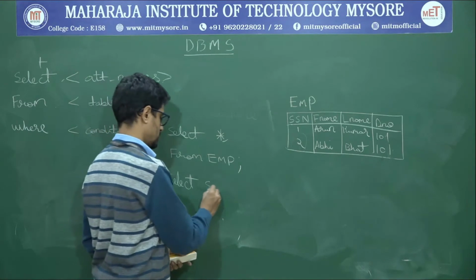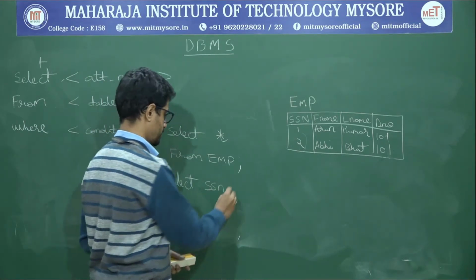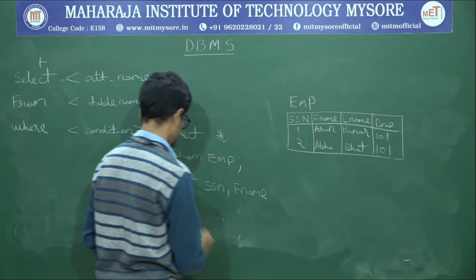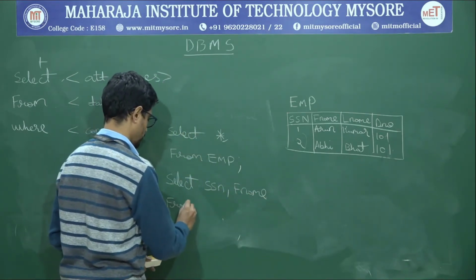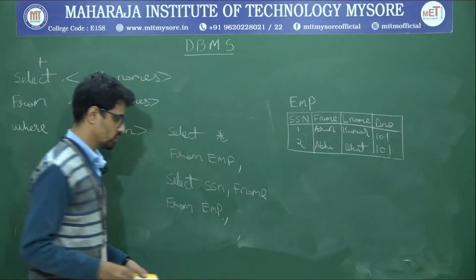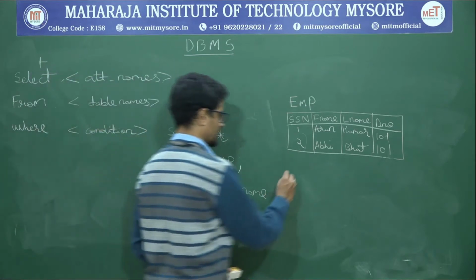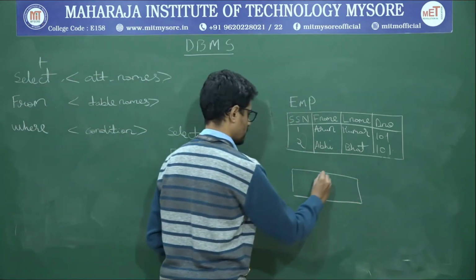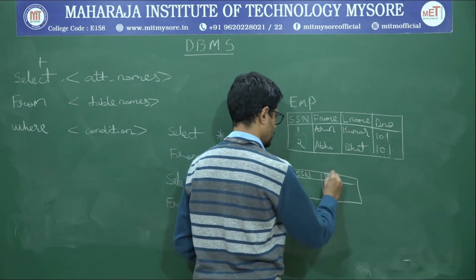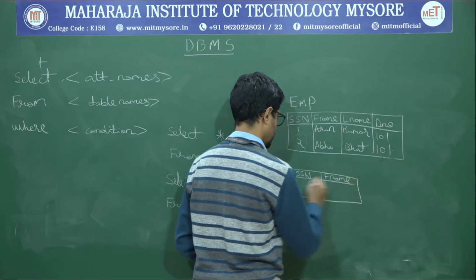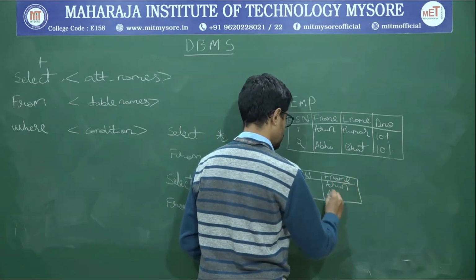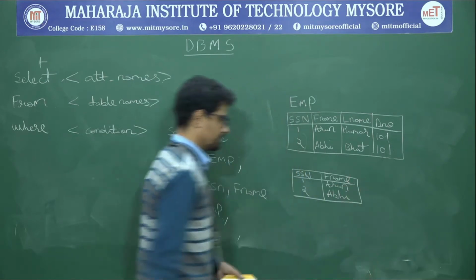Select SSN and F name from EMP. If you do this, the output I can expect is SSN and F name, 1 2, Arun and Abhi.